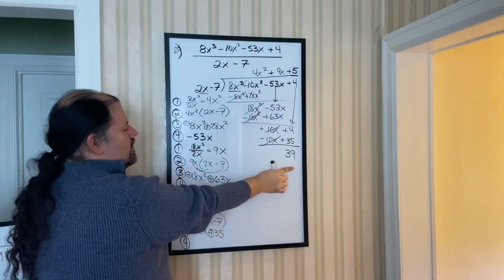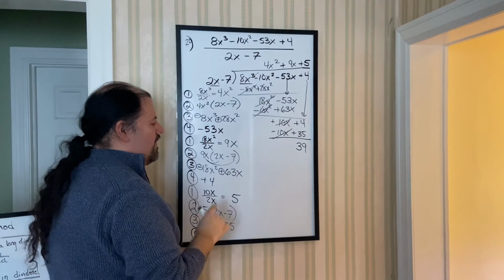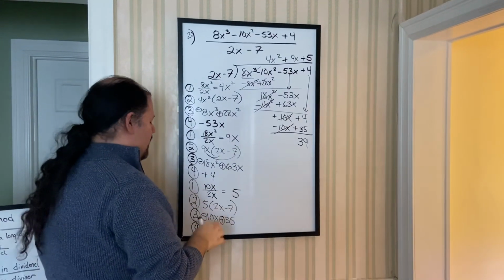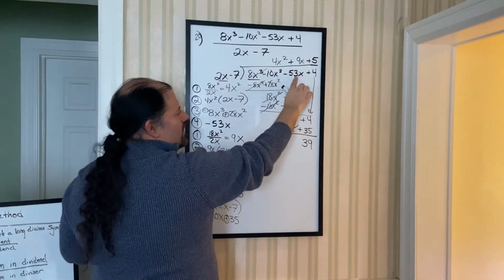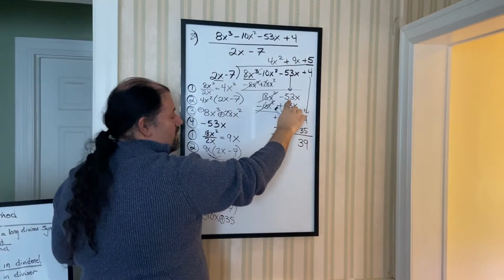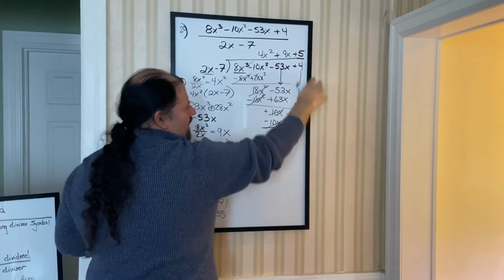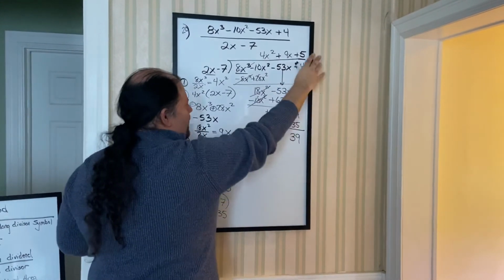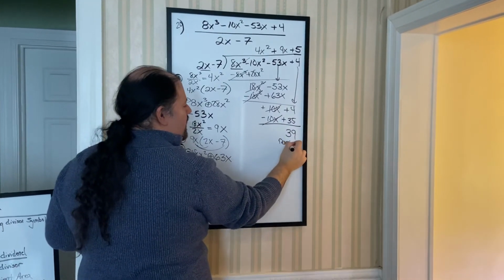I don't want you to be scared that a lot of our problems might get a remainder as our final part of our answer. But notice, step 4, there's nothing left to bring down. We already brought down the 53x. We already brought down the 4. There's nothing left to bring down. We're not adding any zeros or anything. So this is our remainder, since there's nothing left to bring down.